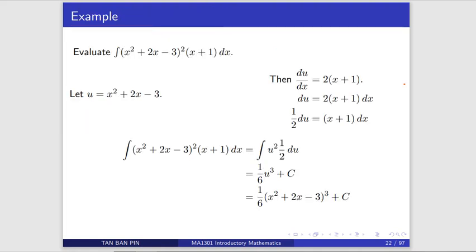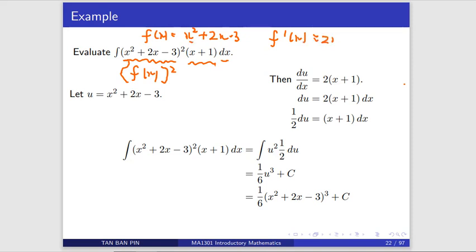In this example, you have to integrate (x squared plus 2x minus 3) squared times (x plus 1) dx. If you take f(x) to be x squared plus 2x minus 3, then this will be of the form f(x) squared. And if you work out f'(x), differentiating x squared gives you 2x.